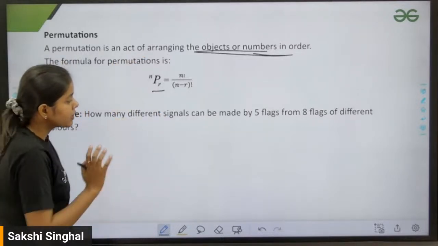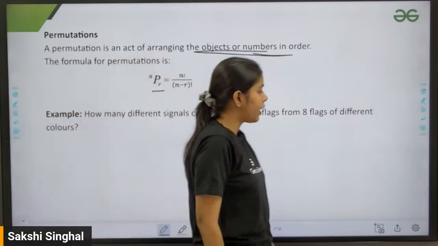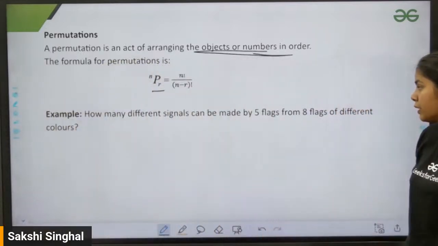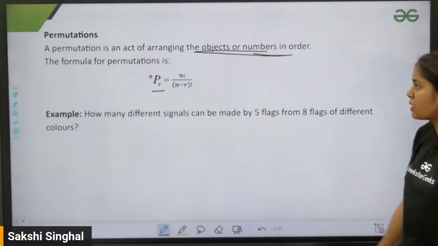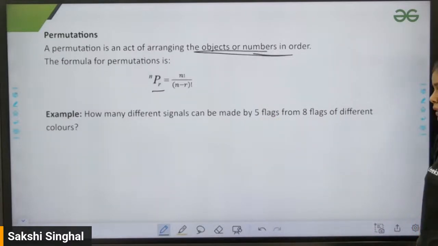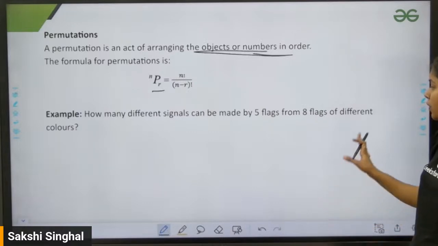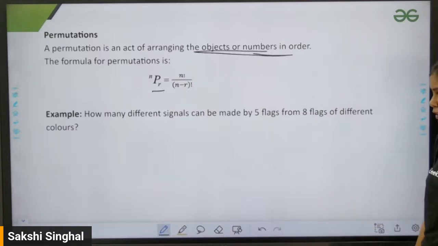So it's basically the act of arranging. How many different signals can be made by 5 flags from 8 flags of different colors? You can see that we have to arrange these colors, so this is an example of permutation.